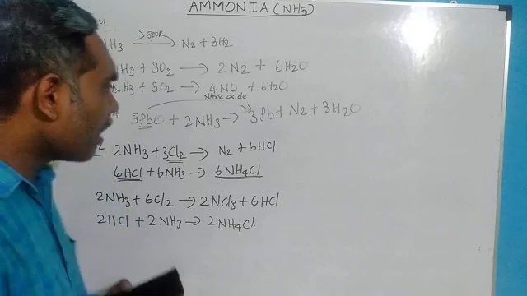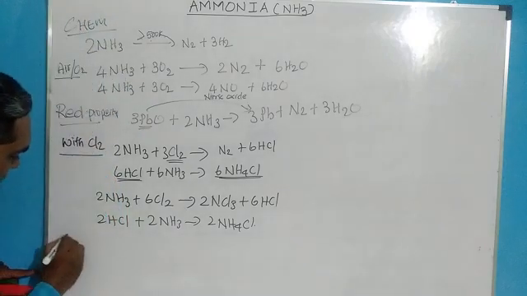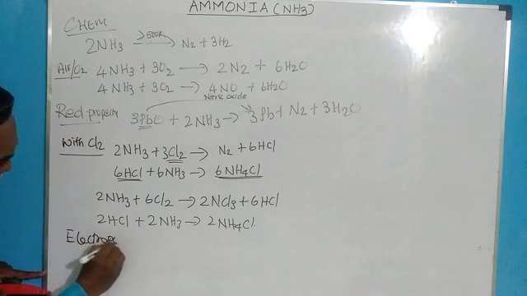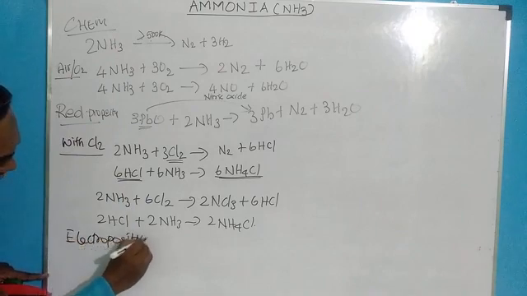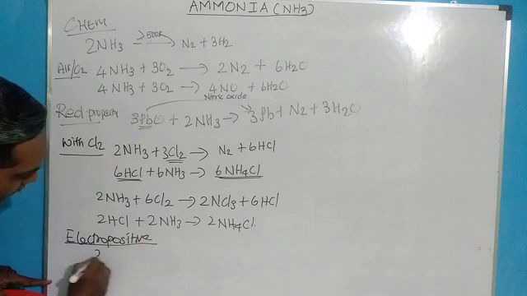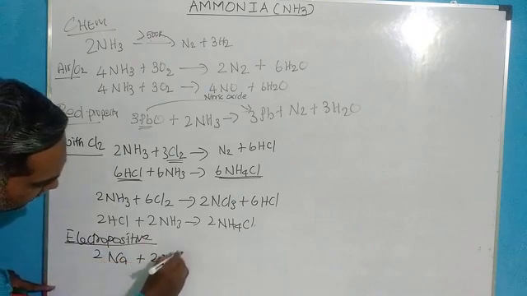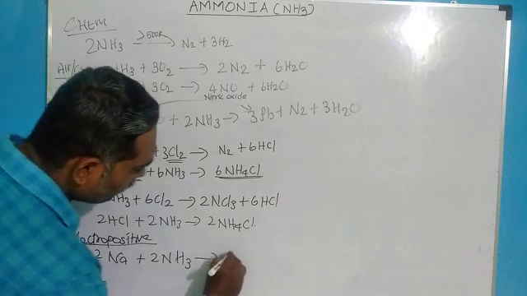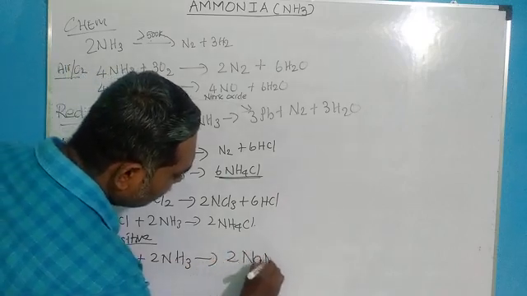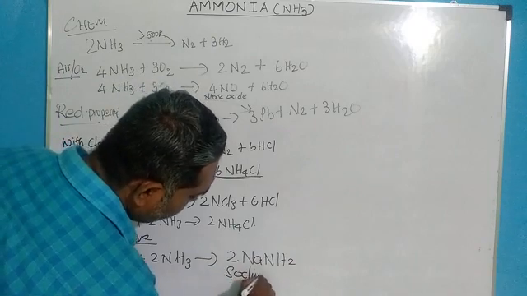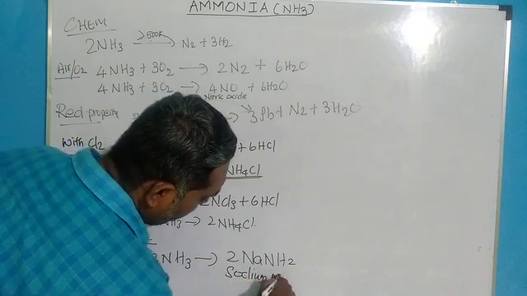Next, ammonia reacts with metals, that is, electropositive metals such as sodium. NH3 will form NaNH2, which is sodium amide.